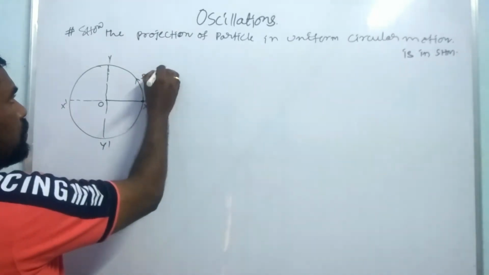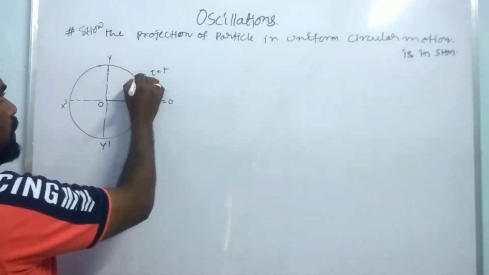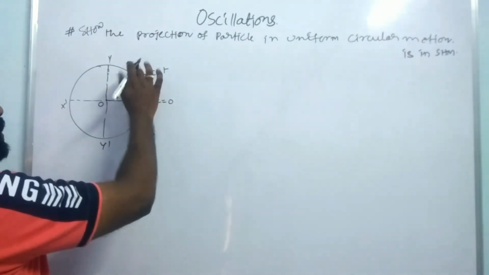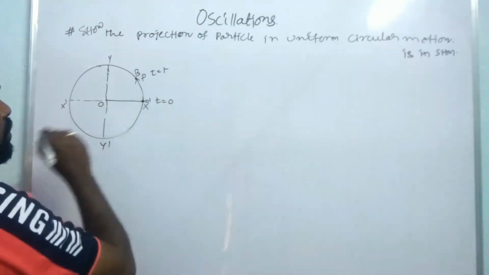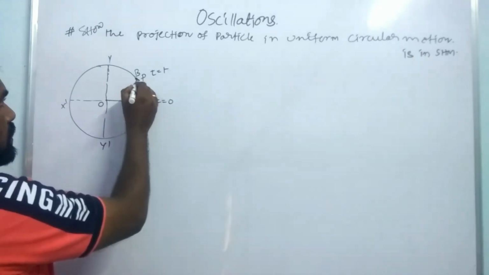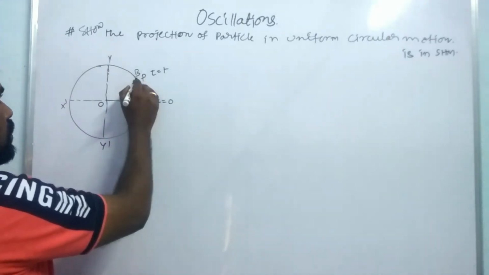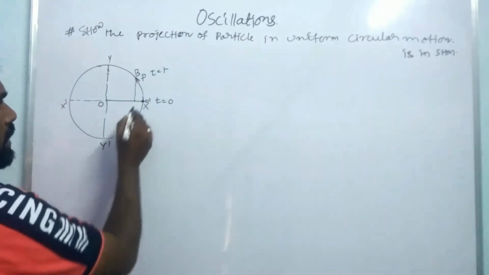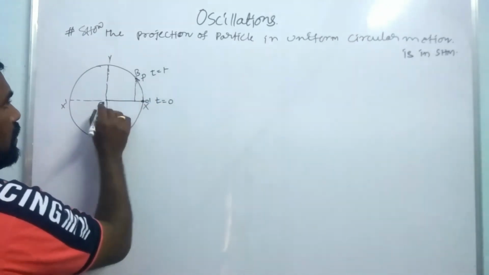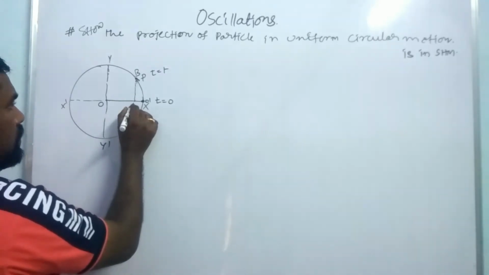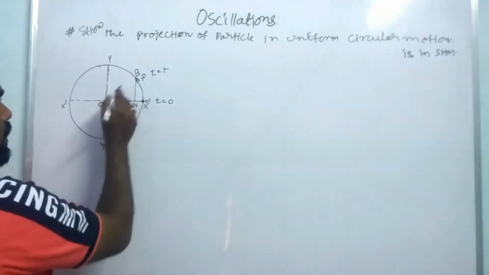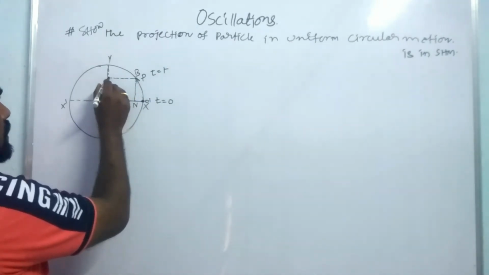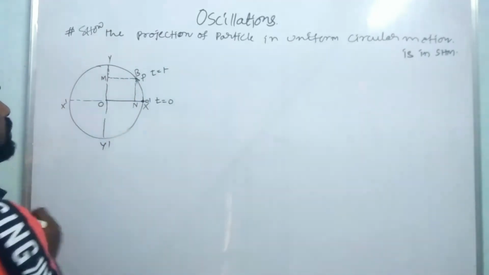After time t, the particle P is at point A, or rather B. Now the foot of the perpendicular, the displacement of the particle from the x-axis, can be called N, and similarly the foot on the y-axis is M.